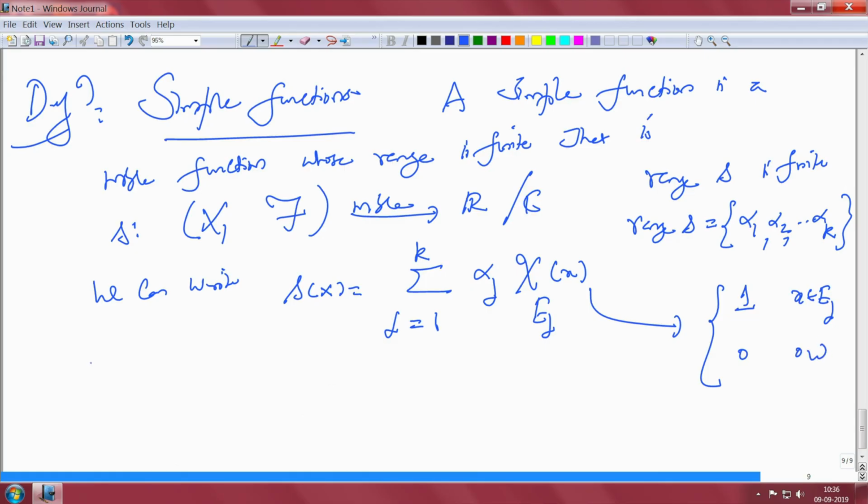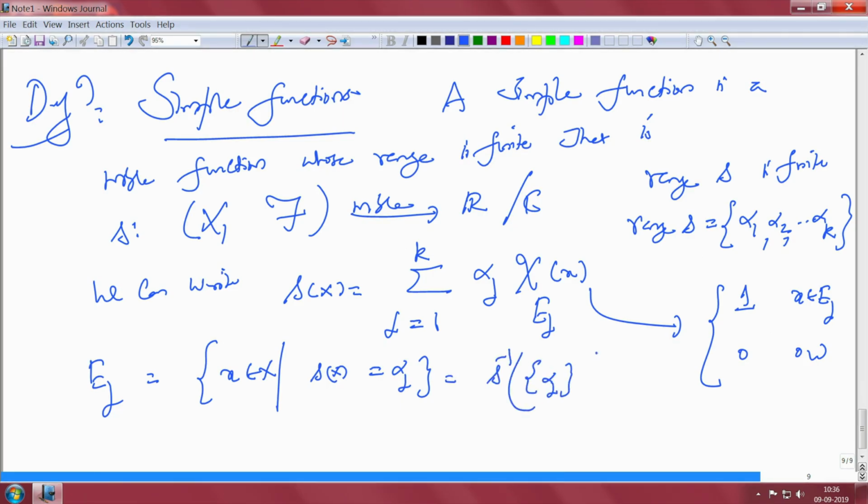What are Ej's? Ej would be the set where S takes the value alpha j, right. So, this is simply S inverse of the singleton alpha j. So, Ej are measurable because S is a measurable function, this is a Borel set, and so when I take the inverse image I will get a measurable set.